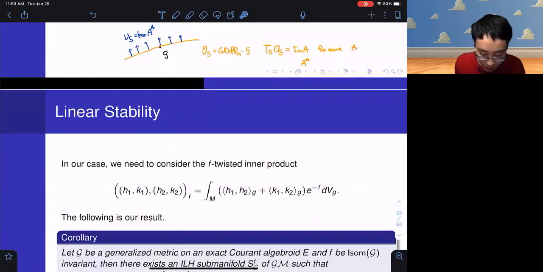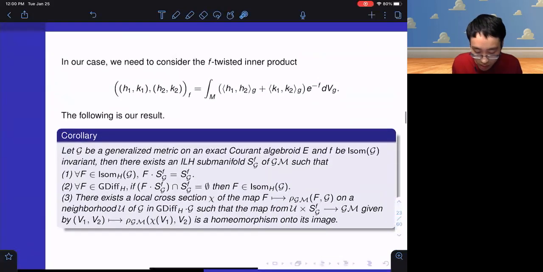So in our case, we need to consider the F-twisted inner product. In other words, we will have e to the minus F here. But fortunately, if our F is isometry invariant, then revising the proof carefully, we can derive the same result. And this is the slice we want to use.